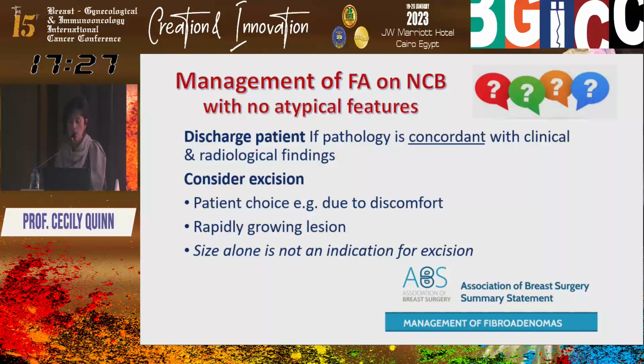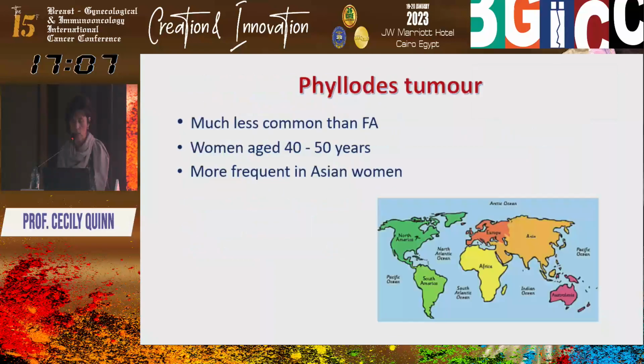One of my radiology colleagues went back and looked at all of our lesions of that size and greater and found that if everything was concordant, we had no unexpected phyllodes tumor. So we don't do that any longer. Regardless of size, the lesion is not removed unless there are other indications.